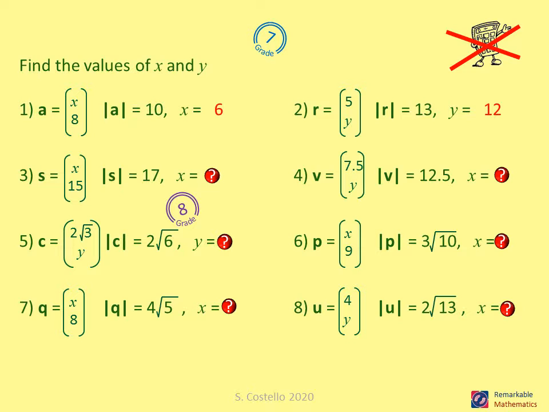Question 3, x is 8. 4, x equals 10. 5, x equals 2 root 3. 6, x equals 3. 7, x equals 4. 8, x equals 6.